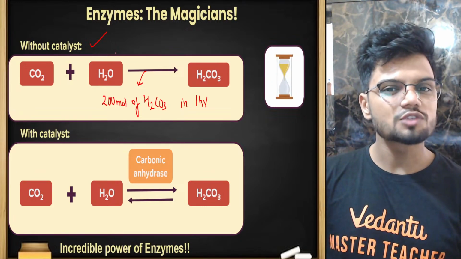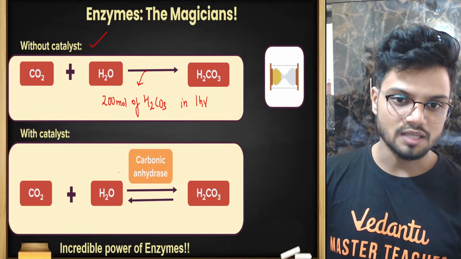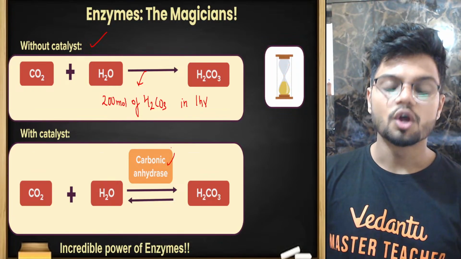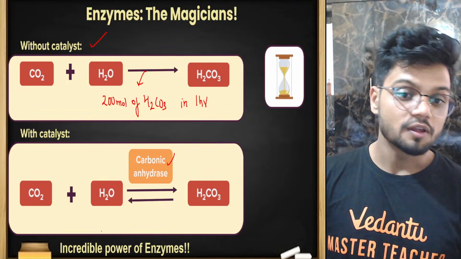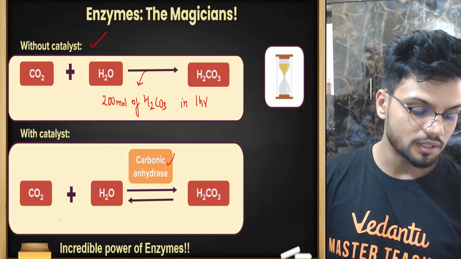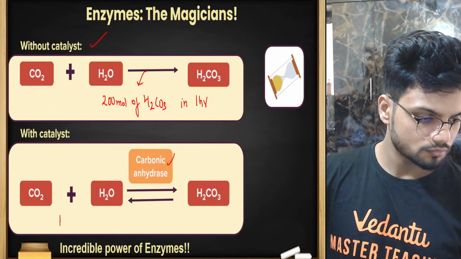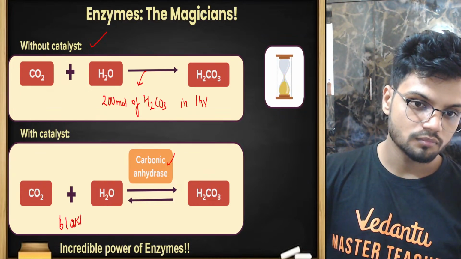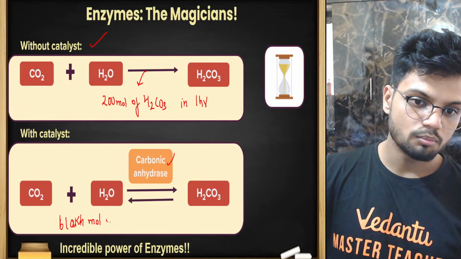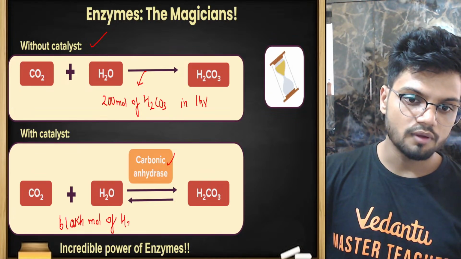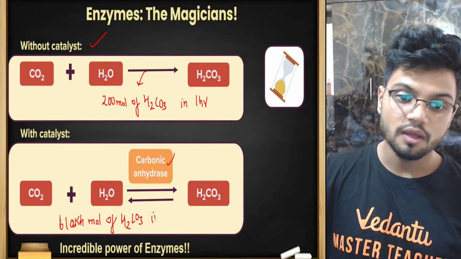But as soon as you add a catalyst into it, for example carbonic anhydrase, what is happening? We are now getting 6 lakh molecules of H2CO3.